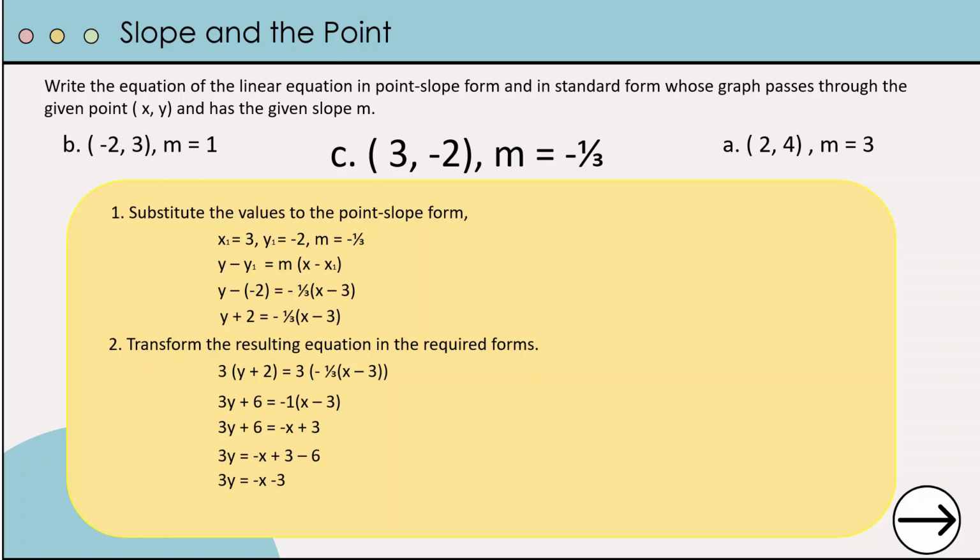To get the slope-intercept form of this equation, we divide both sides of the equation by 3. Therefore, we get y equals negative x over 3 minus 1. Or if we transform this into its standard form, this becomes x plus 3y is equal to negative 3.